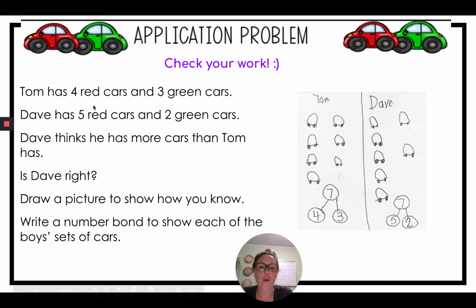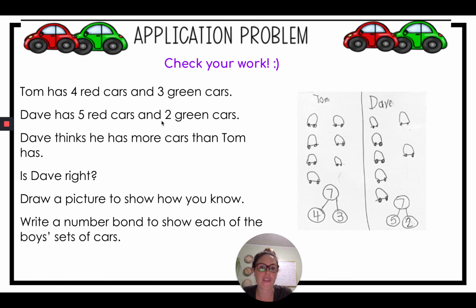Tom has 4 red cars and 3 green cars. So here in my work, I didn't have different colors, and that was okay. I drew 4 cars on one side and 3 cars on the other. This helped me organize my thinking. Then I drew Dave's cars.